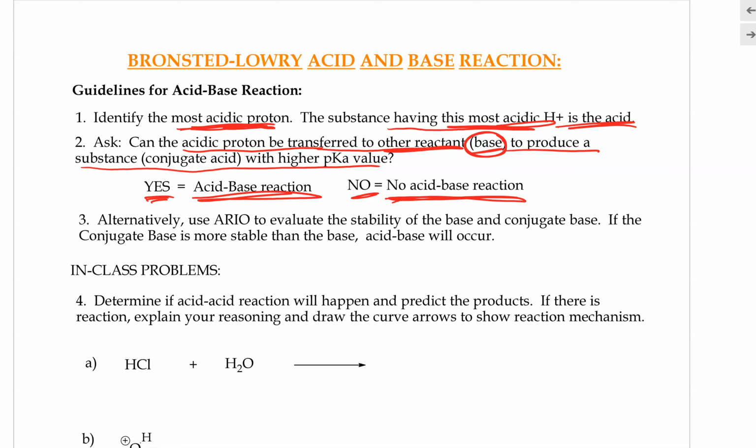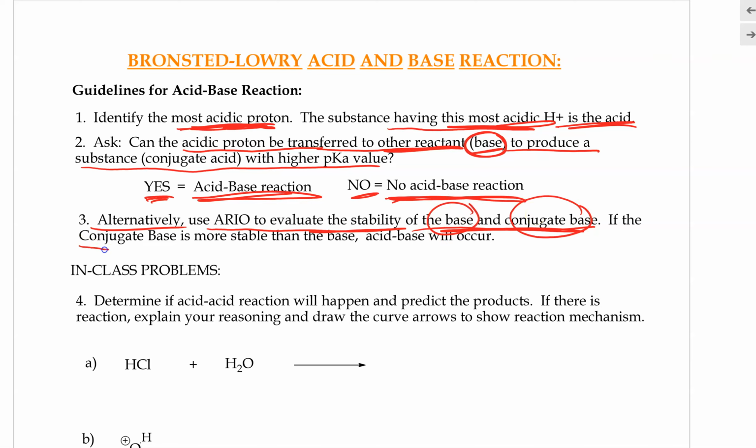And alternatively, we can also use ARIO to evaluate the stability of the base and the conjugate base. So first assume a reaction is going to take place. What would be the base and the conjugate base? And draw the structure of those two substances. And then use ARIO to qualitatively compare the stability of the base and the conjugate base.